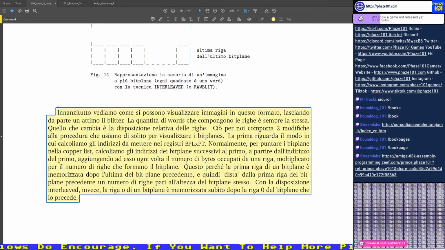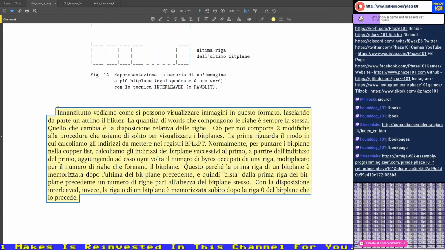So this requires two changes to the way we display bit planes. The first one is the way we calculate bit plane addresses. We are calculating the next bit plane from the width in bytes and the number of lines. So let's say we have 320 by 256, and we divide this by 8, so that means that we have 40 bytes by 256.